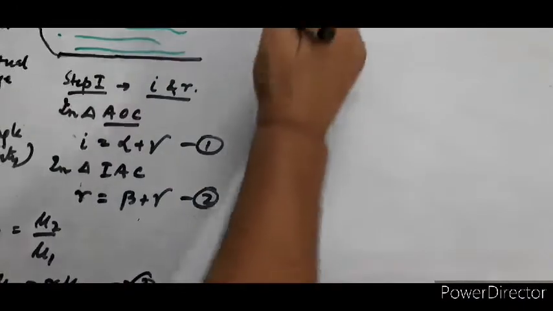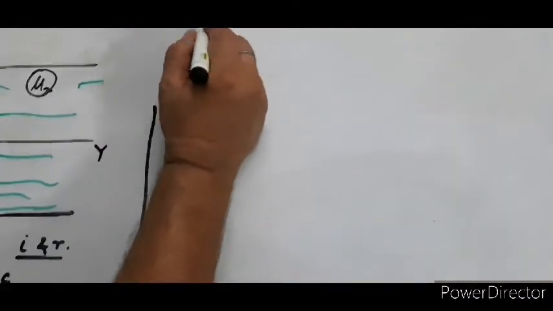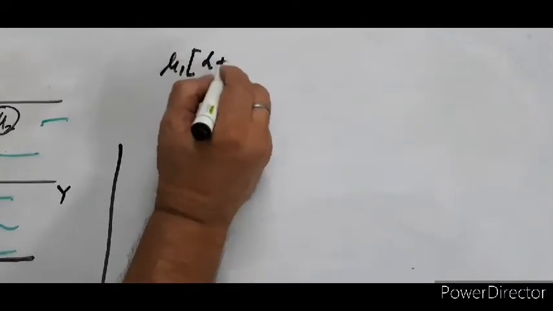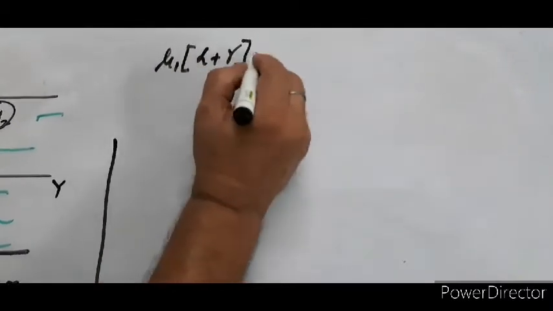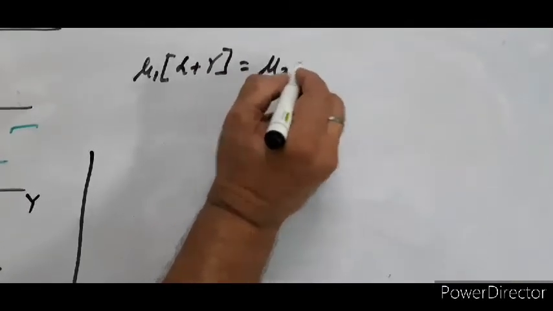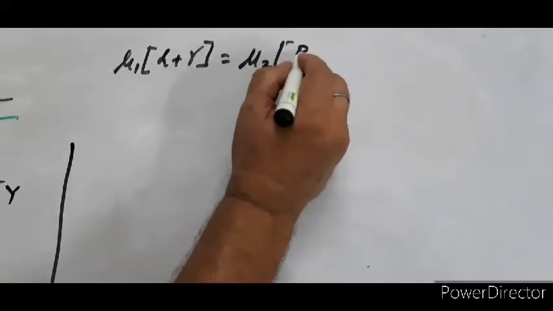Now put this value, same process, same method. Putting mu1 into I, in place of I, alpha plus gamma is equal to mu2, here it is R, beta plus gamma.